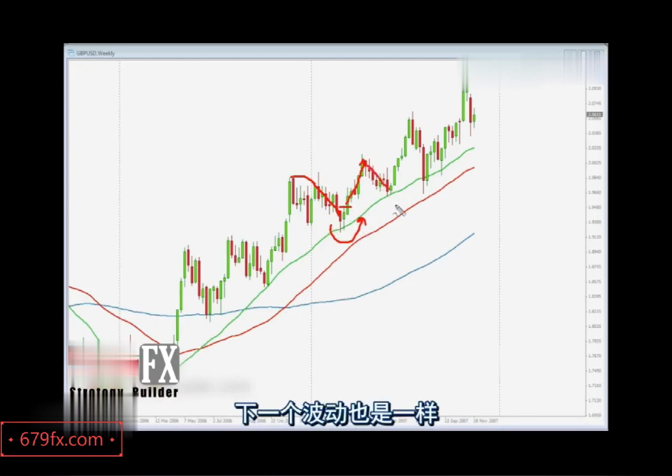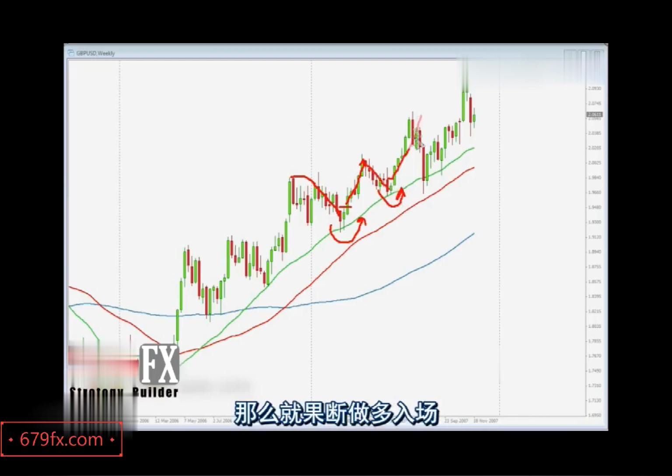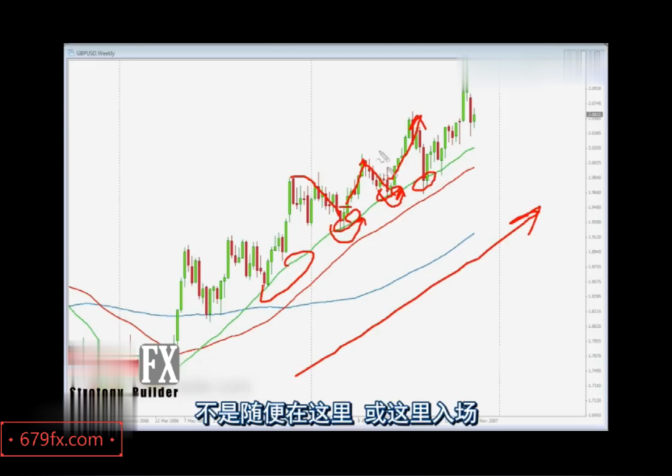And the next swing over, the same thing. Is the dynamic area holding the retracement? If it is, bang, there I go. I want to be long because I am in the direction of the main trend. I am going long at the right time on the chart. I'm not going long here or here or here.